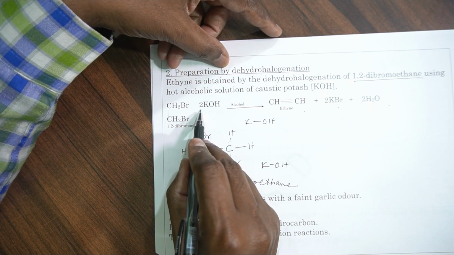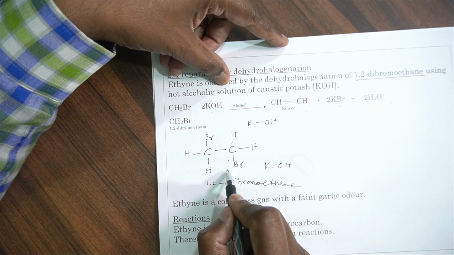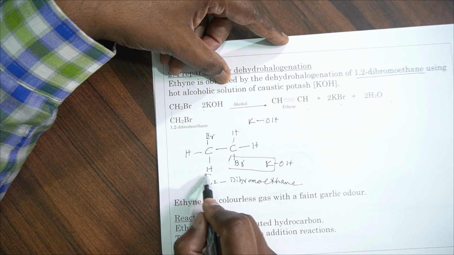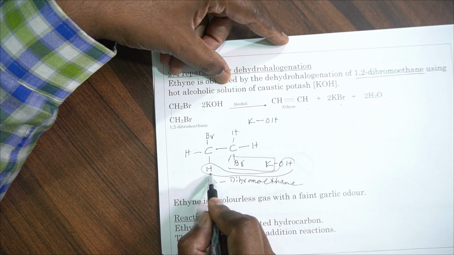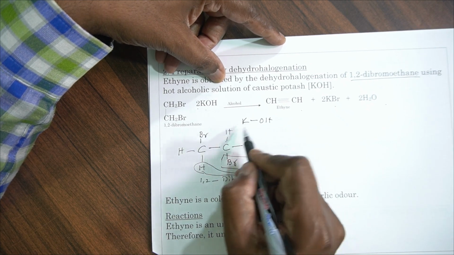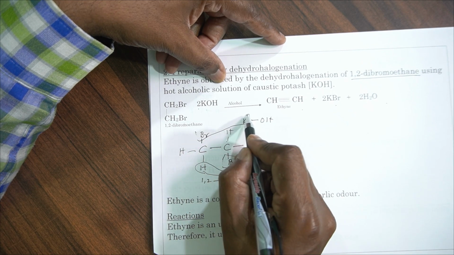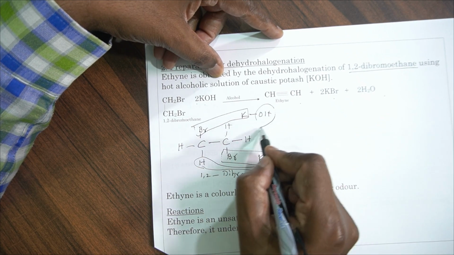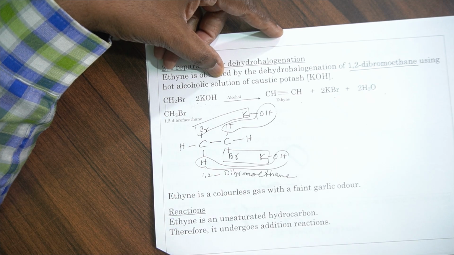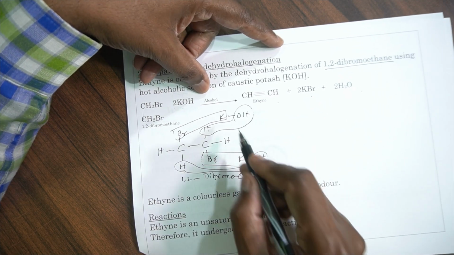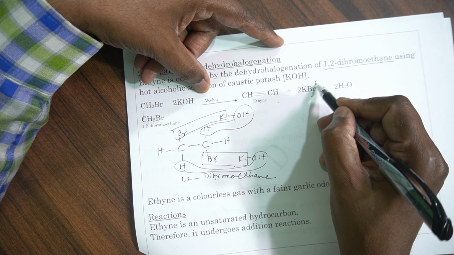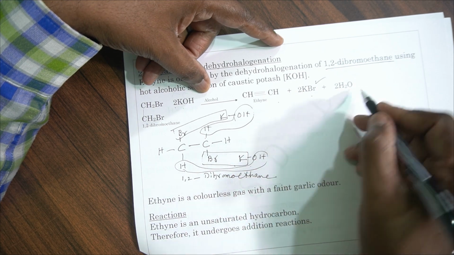You can see here two KOH is used. K and Br, KBr, and this H and the OH form water. Same way here, K and Br, KBr, OH and H. These are removed. So there are two KBr and there are two H2O molecules.